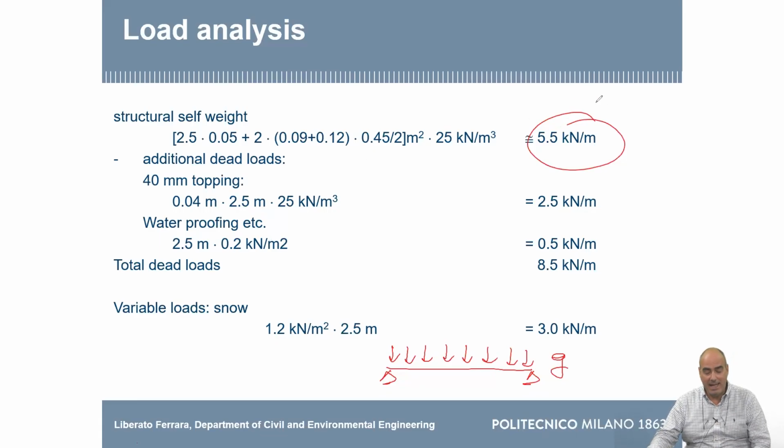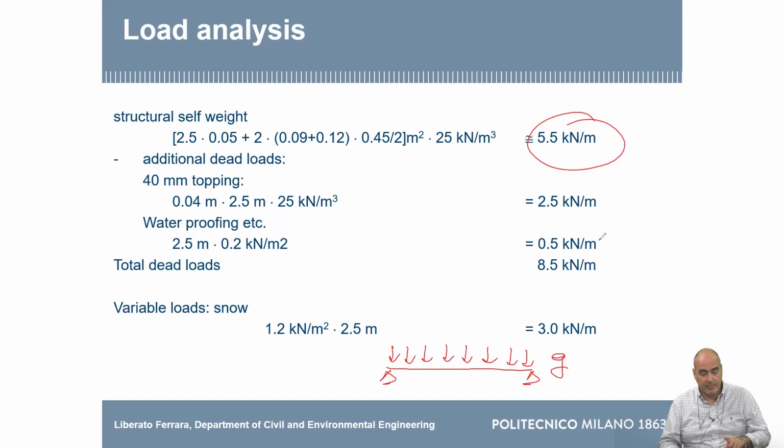So you see, in the end, the self-weight of the element is 5.5 kilonewton per meter. But in the final configuration, when the element will be fully installed in the building, the dead loads will be 8.5 because you will add another 3.